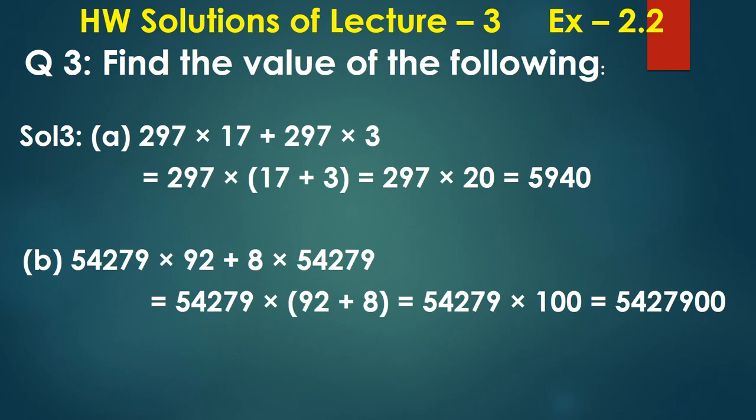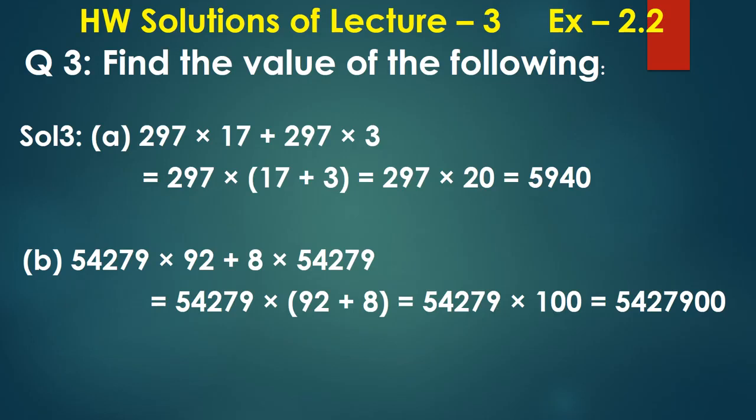So we will take 297 as common. Common is which is present in both. So 297 is present in both: 297 multiplied by 17 also, and the second term is 297 multiplied by 3. So outside the bracket, we will take 297 common.